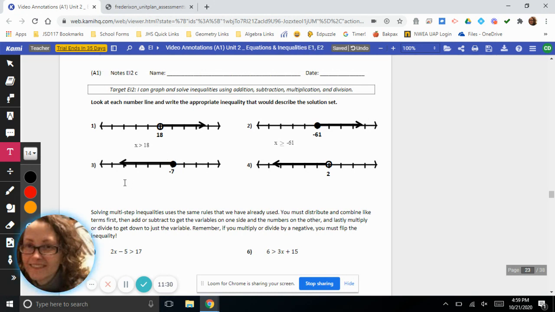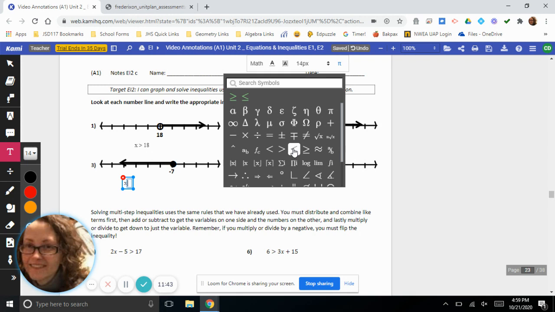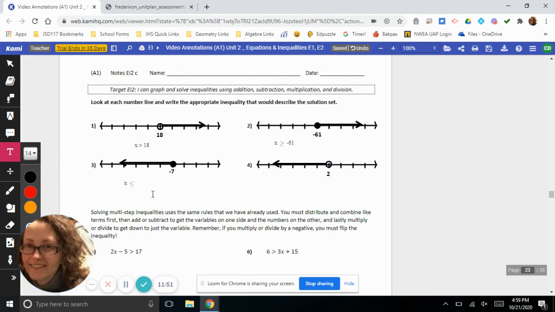For number three, my critical number is negative 7, and because I have a filled in circle, I want my bar underneath, and because my shading is to the left, I'm going to have a less than symbol. So x is less than negative 7.